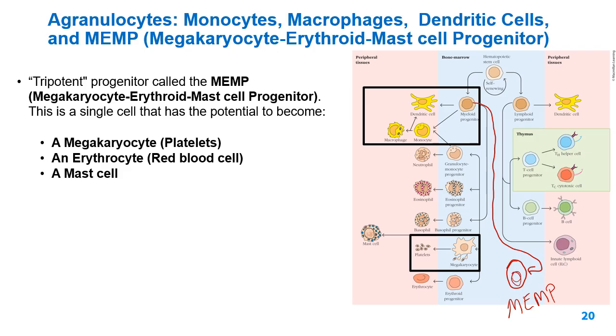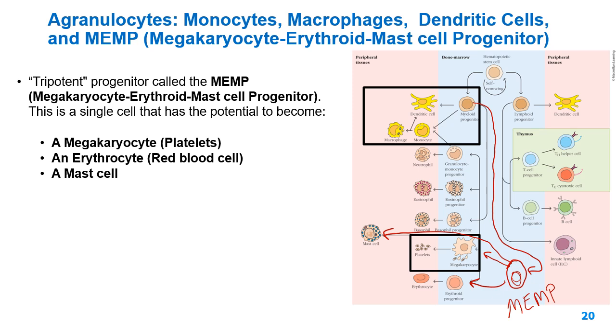Now this cell here can go into this way, that way, or this way, okay? This diagram was not very accurate, okay? So mainly these other types of your myeloid pathway that are going to be your agranulocytes.